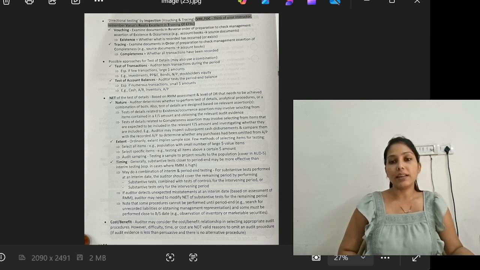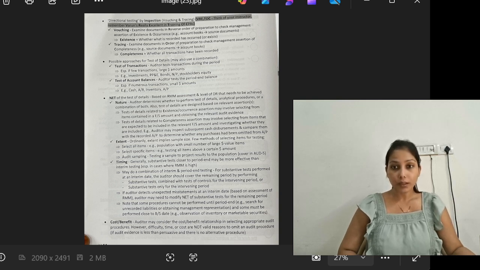So timing is again a professional judgment used by the auditors, especially if it is done at the year-end period. But depending upon the situation and the risk, the auditor can combine their judgment and have the timings determined. Also, the auditor may consider the cost-benefit relationship in selecting the appropriate procedures.